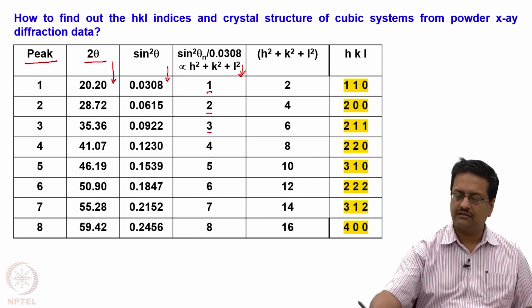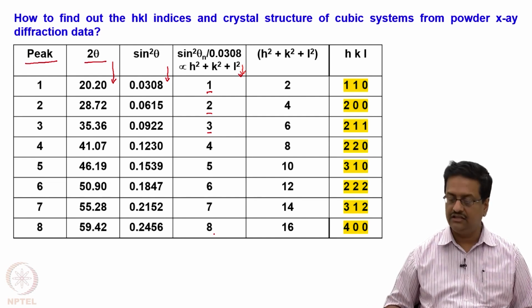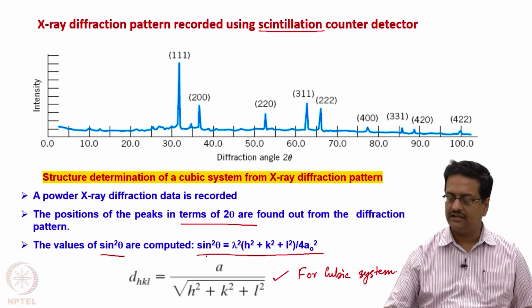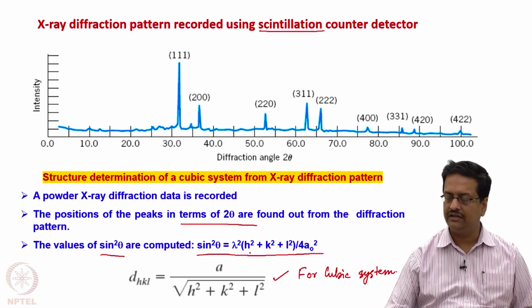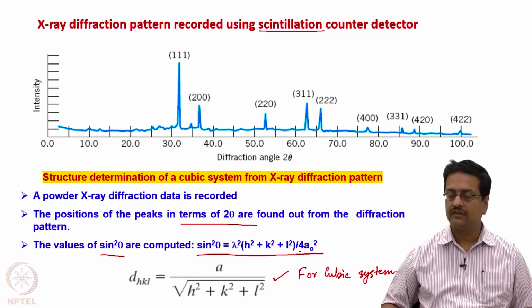Now these are integers, and as we have seen in the previous slide, sine square theta is proportional to h square plus k square plus l square with a constant lambda square by 4 a0 square.